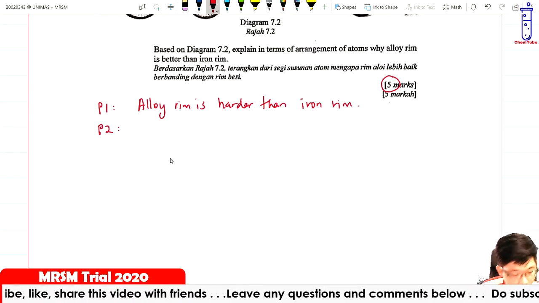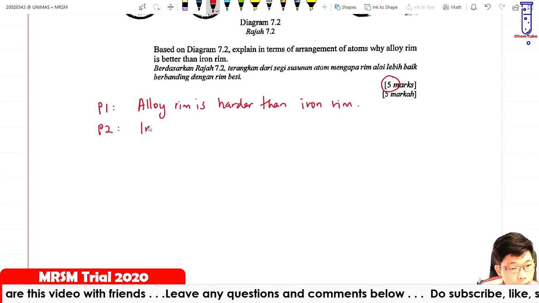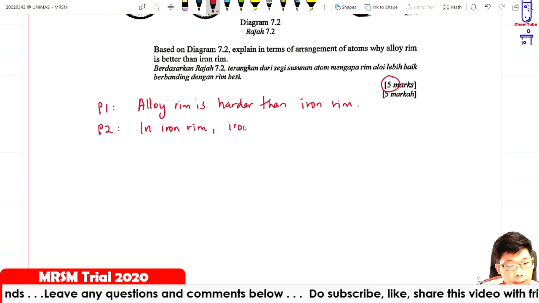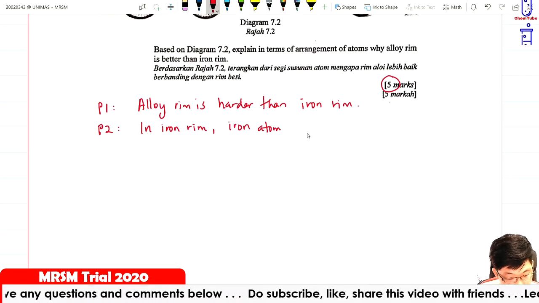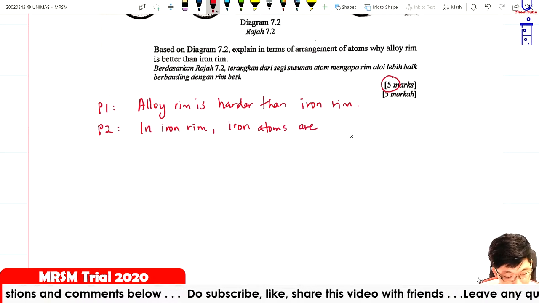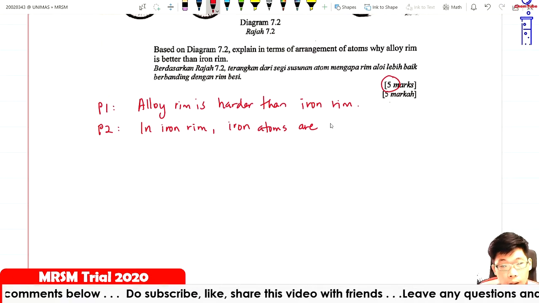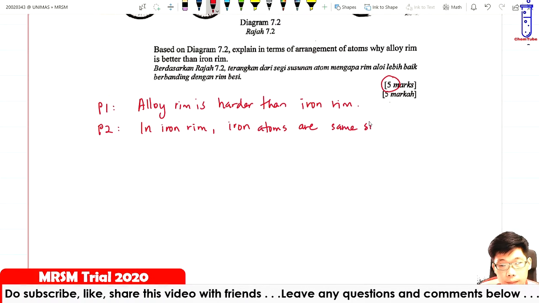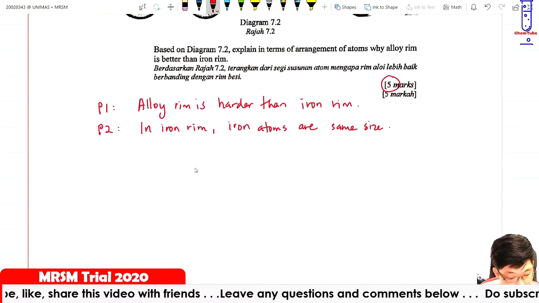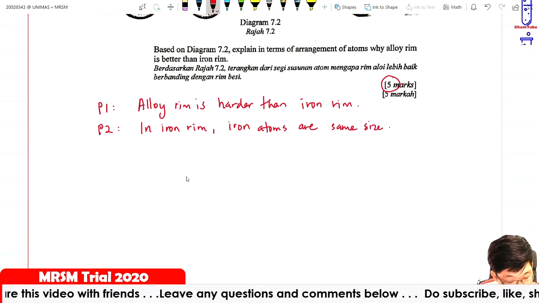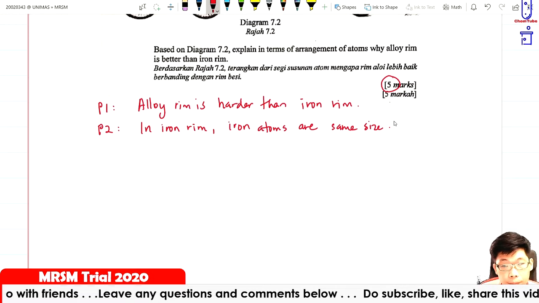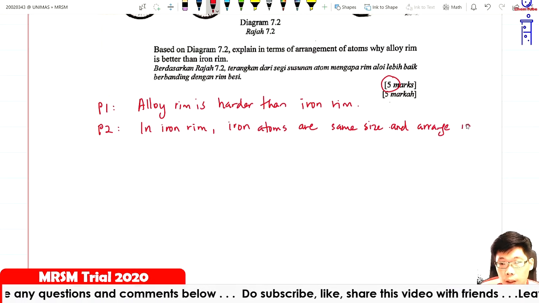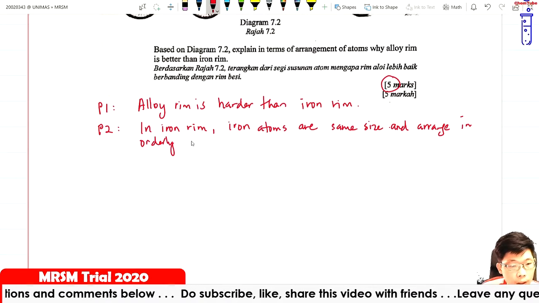Point number 2, after that, we can write iron atoms are the same size, and you can mention they are arranged in an orderly manner.